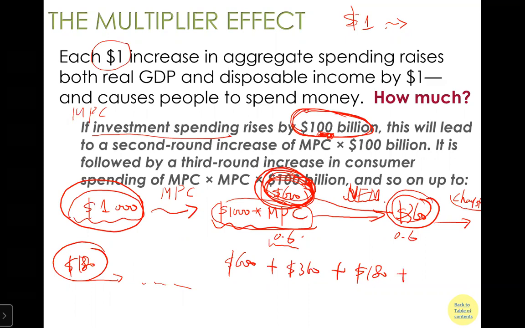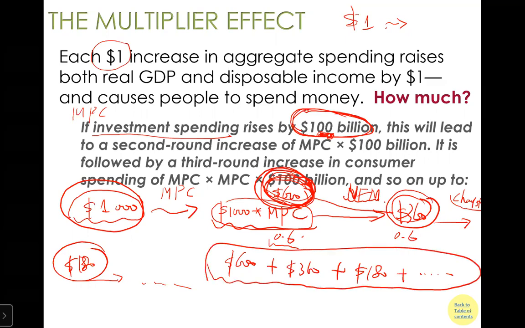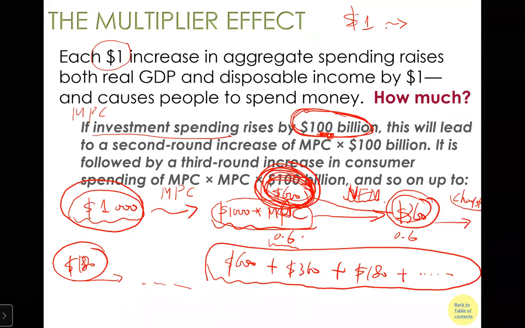But actually, this process is going to keep moving, right? So if we add them together, this is obviously going to be bigger than the original 600. And why do I compare with this 600? Because this 600 is the initial spending.